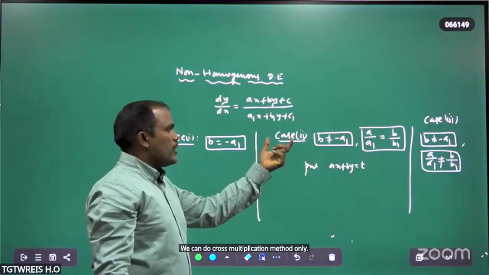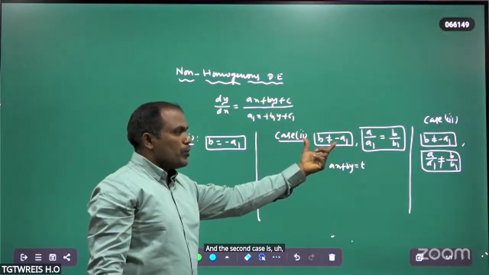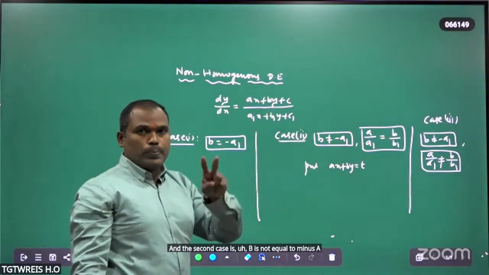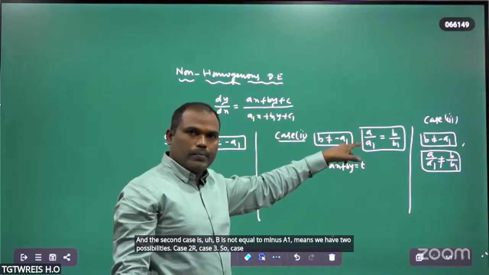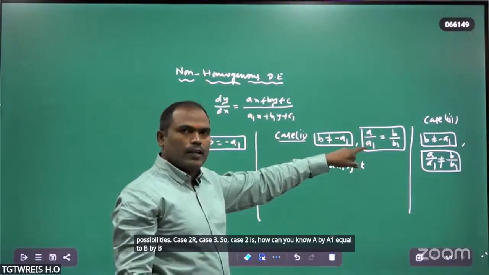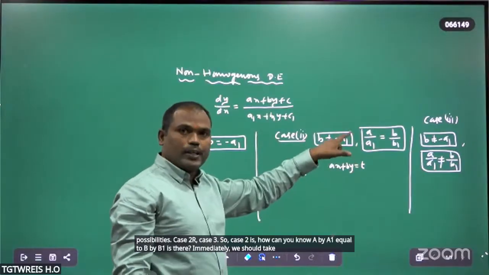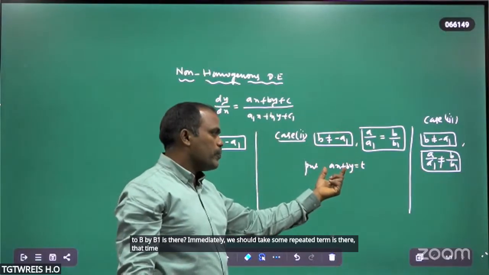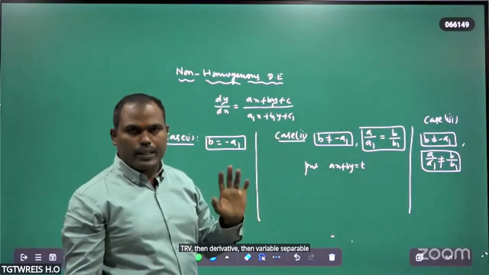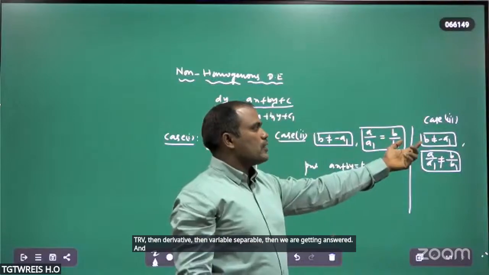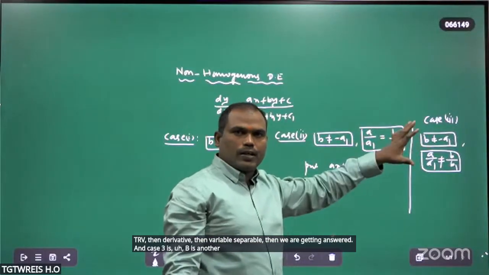Otherwise, if b is not equal to minus a1, we have two possibilities, case 2 or case 3. In case 2, a by a1 equal to b by b1, we take the repeated term as t or v, then differentiate, then use variable separable, and we get the answer. And case 3 is when both conditions are not satisfied.